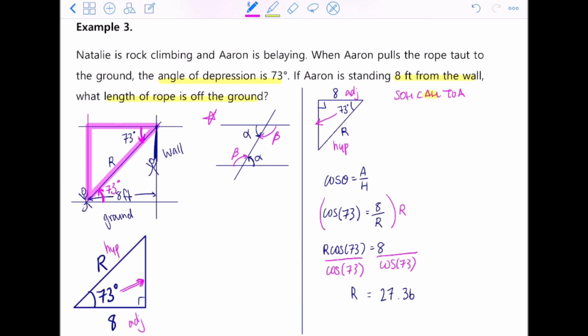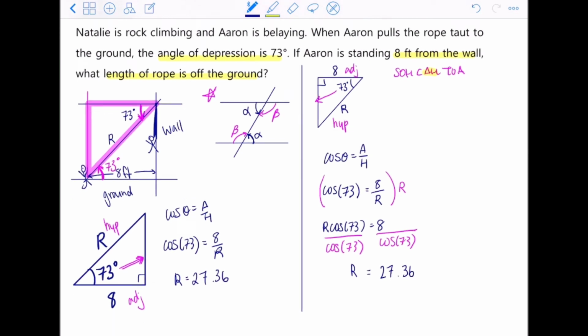Again, you have to use adjacent and hypotenuse, which is only cos theta: adjacent over hypotenuse, so cos of 73 equals 8 over R. Notice that it's the same setup. Even if your triangle doesn't look exactly the same, it's technically the same, just rotated, and you will still have the same ratio. So your R will still be 27.36.